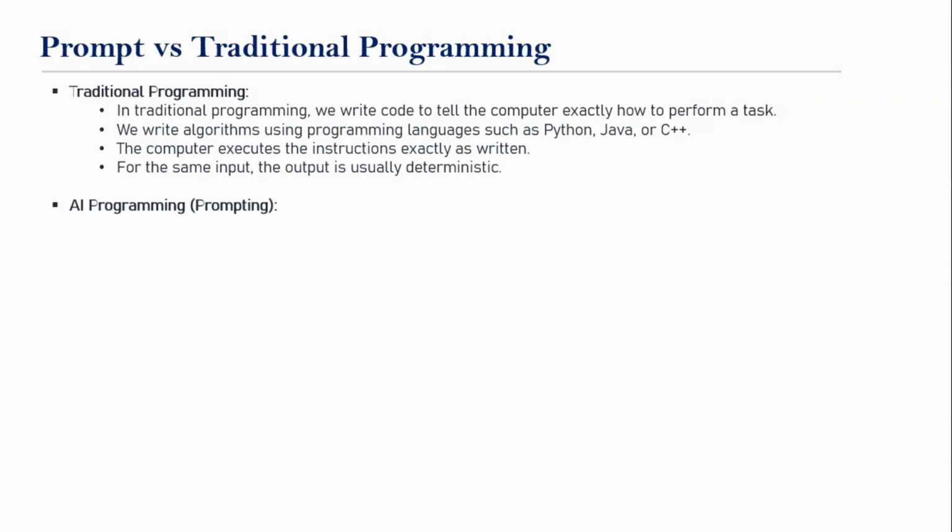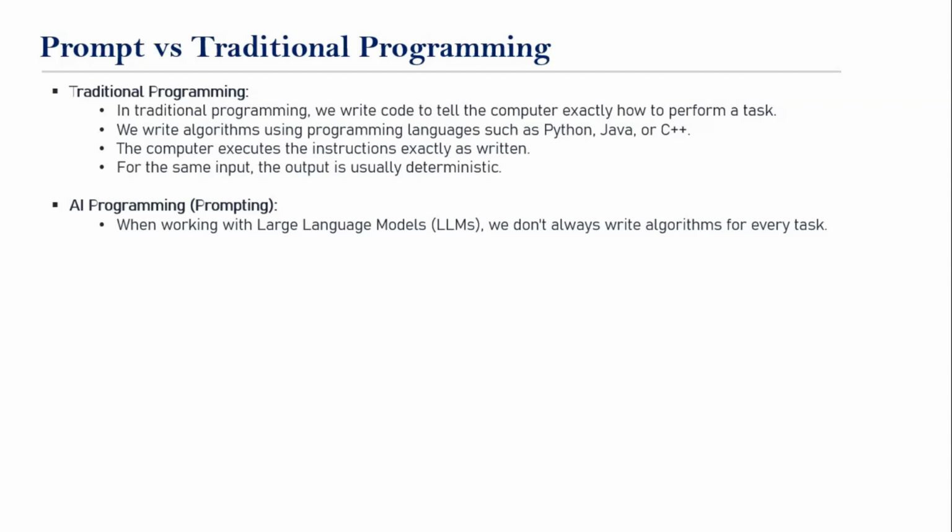And coming to AI programming, here I am keeping AI programming also as prompting, but not exactly, but up to a certain point it is correct. Anyway, you will get that clarity going forward. So in AI, first of all, we will use LLMs. So here, whenever working with LLMs, we don't always write algorithms for every task. Instead, we provide instructions in natural language called prompts to guide the LLM.